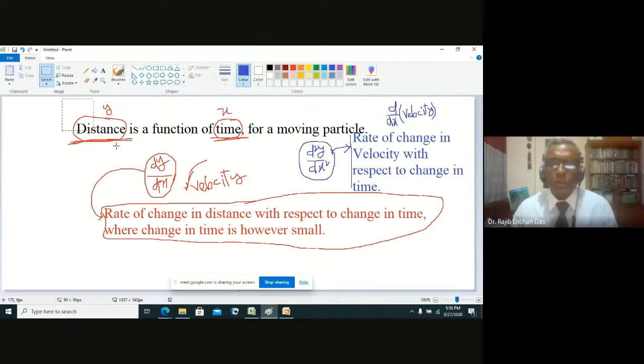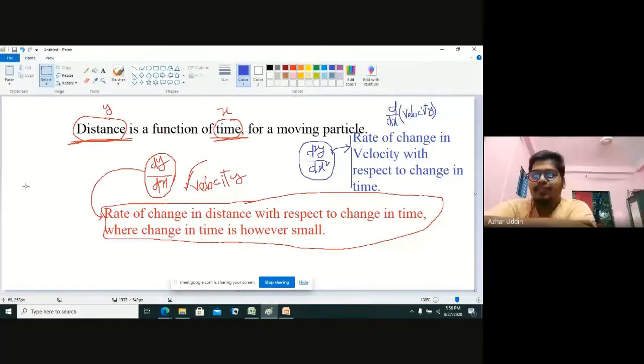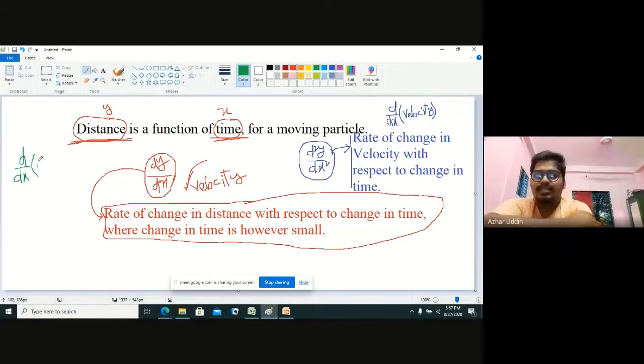So let me just erase this thing. If we do the differentiation once more, then what will be the name? If you do the differentiation once more, that means d/dx, the rate of change in acceleration.